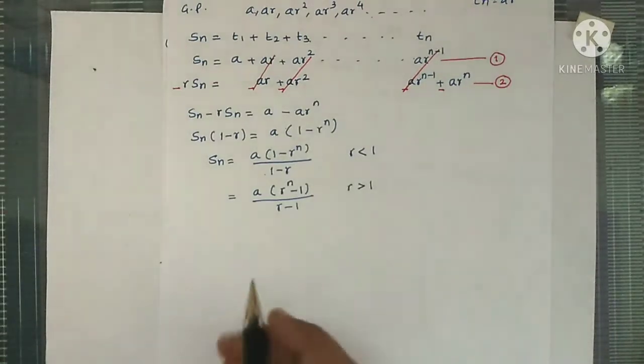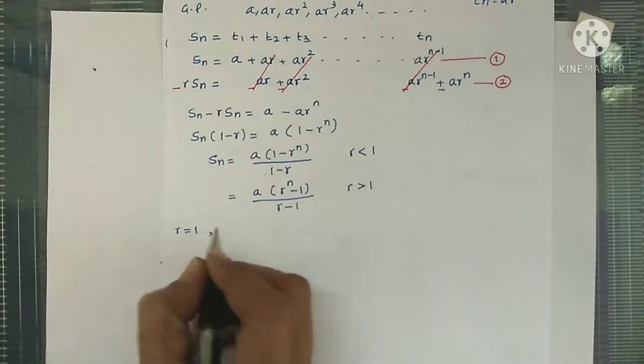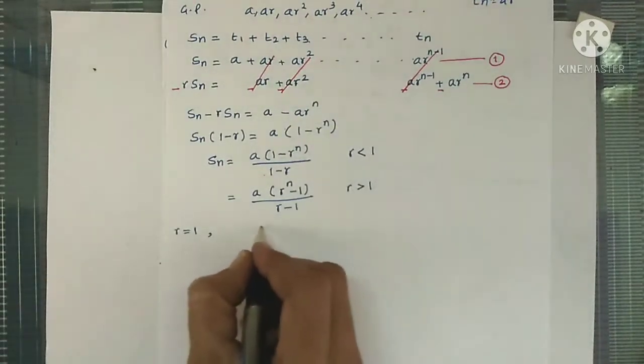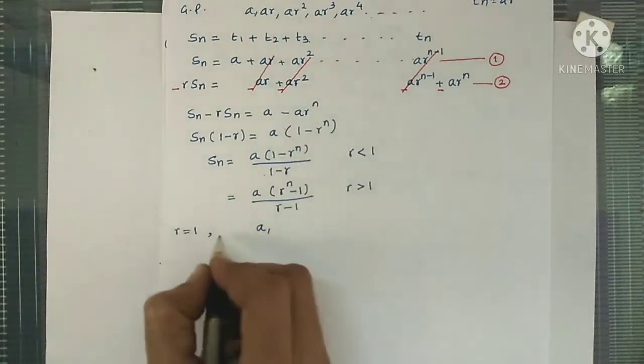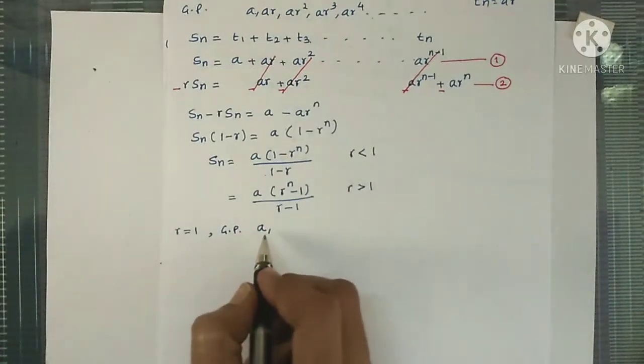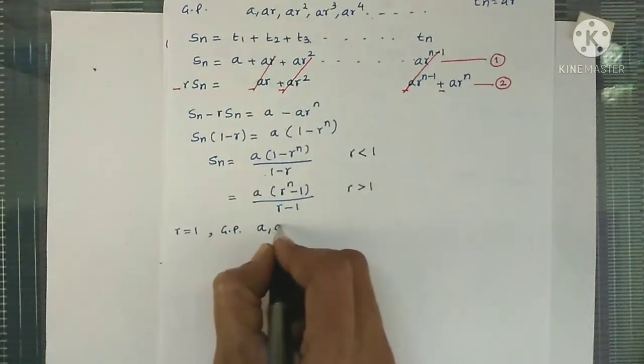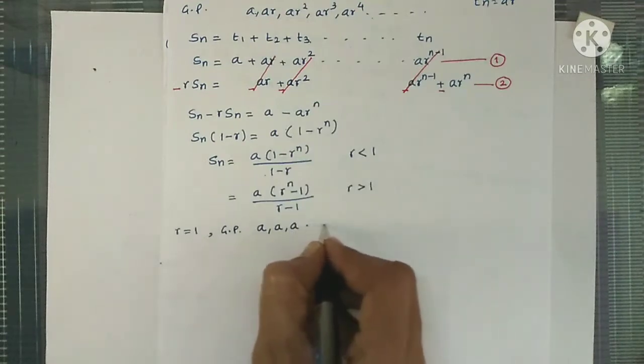Now what happens if R equals 1? If R is equal to 1, the first term is A, and by multiplying by R to the first term we get the next term. So let's multiply this A by R, but the value of R is 1. So we are multiplying by 1, and we get the same term everywhere.